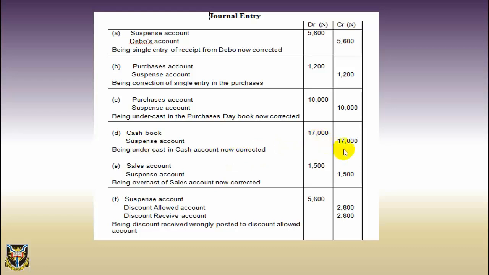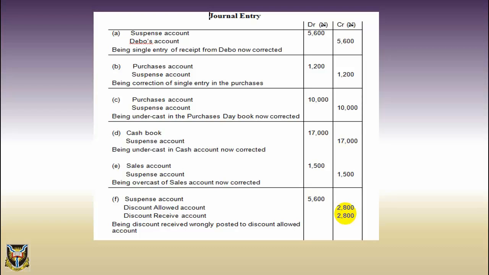DR 17,000, CR 17,000. E. Sales account, suspense account, being overcast of sales account, now corrected. DR 1,500, CR 1,500.